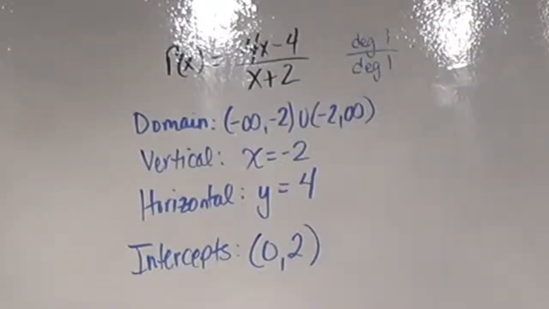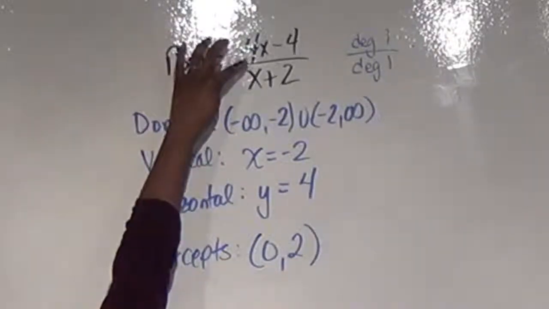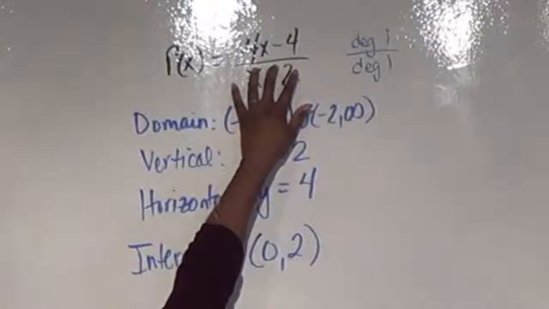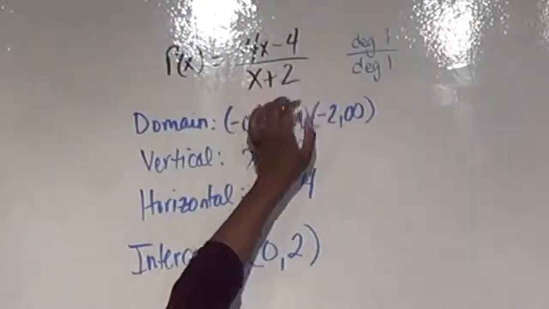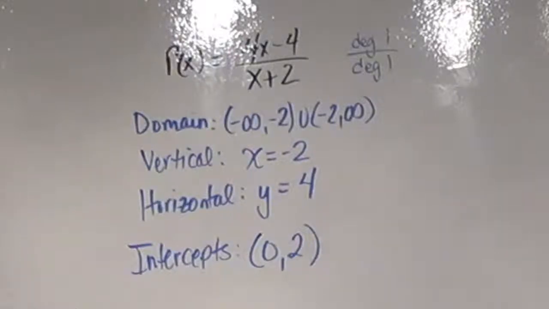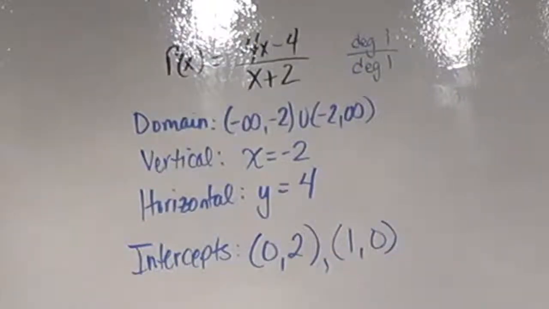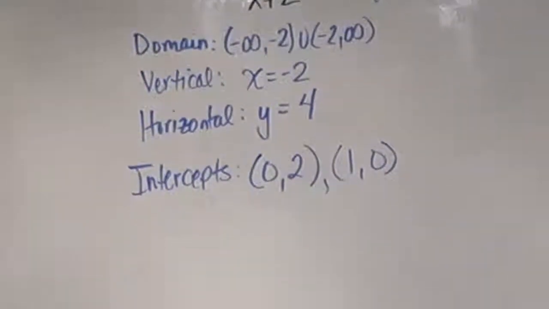If my y value equals 0, that means I'm setting this equal to 0 and solving for x. But we know the denominator can't equal 0, otherwise it's undefined. So it just means I'm looking at when the top is equal to 0. And in this case, 4x minus 4 is going to equal 0 when x is 1. Okay, so there's our intercepts.